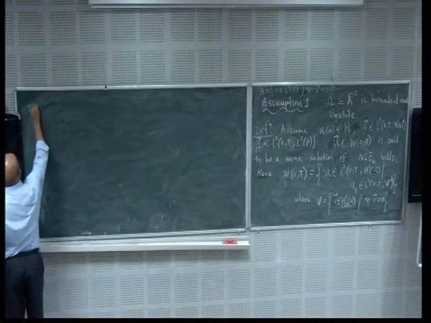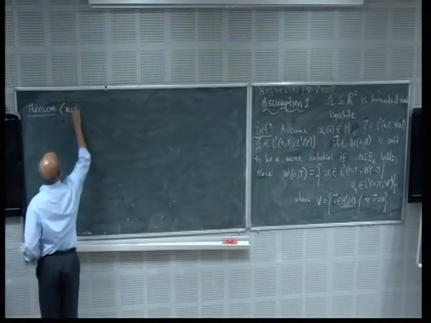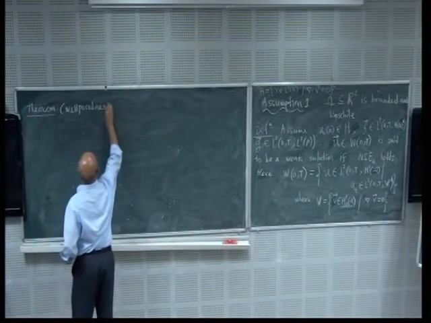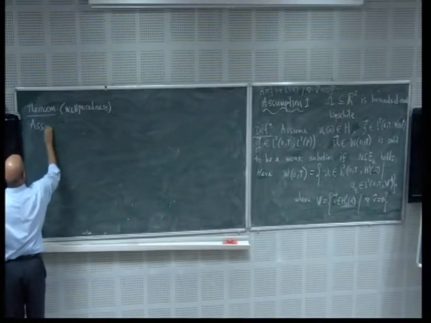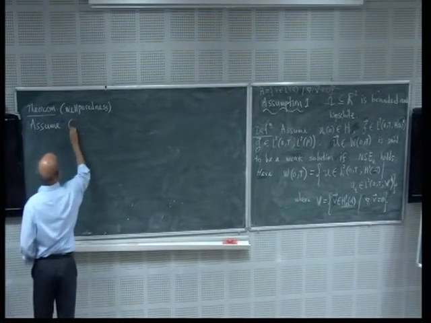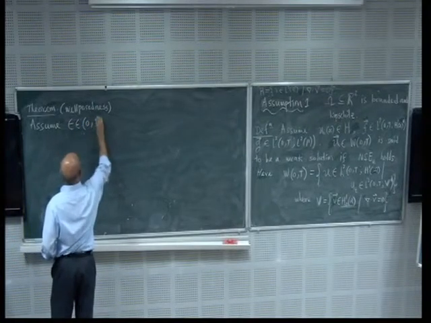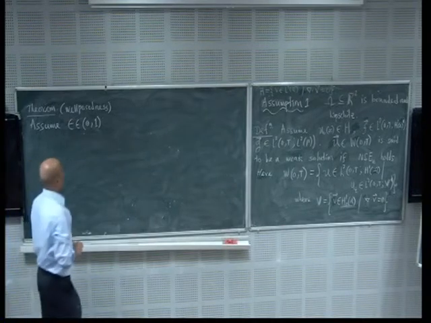Here's the theorem. Assume epsilon belongs to the interval (0, 1). It's typically small, close to 0, so this is a fair assumption.